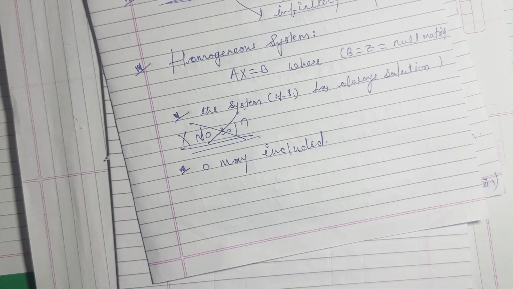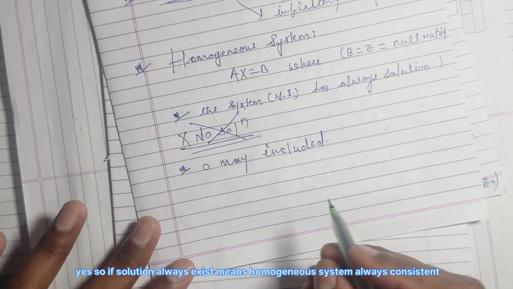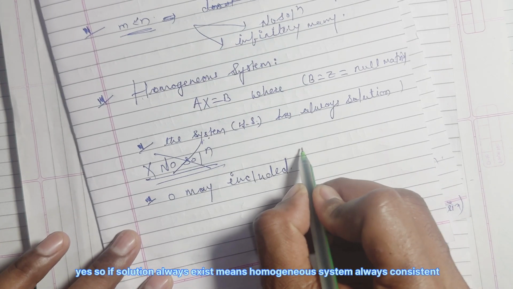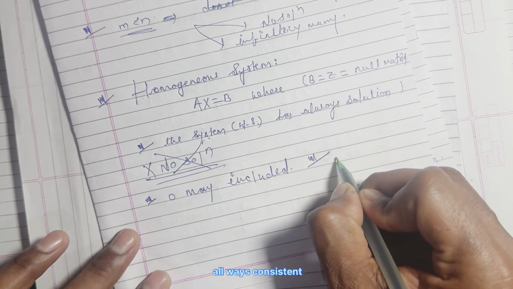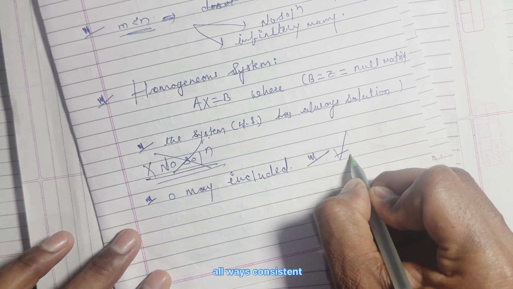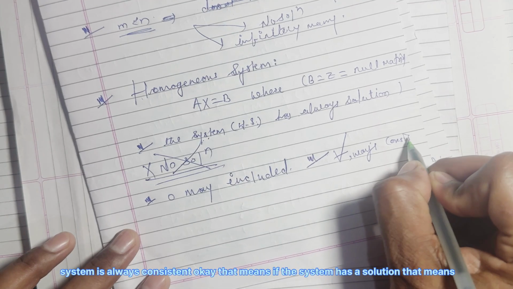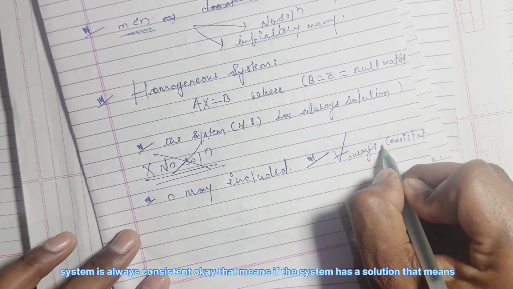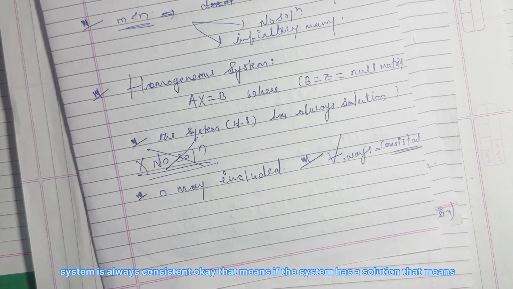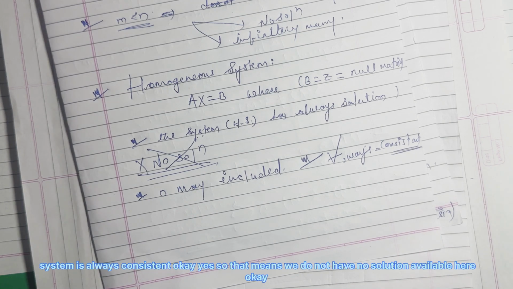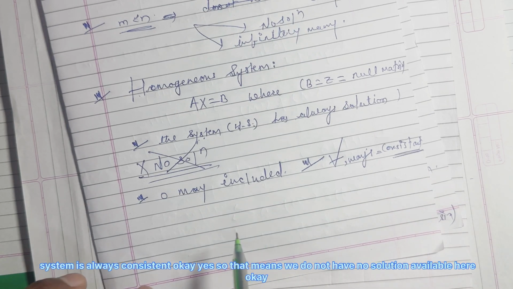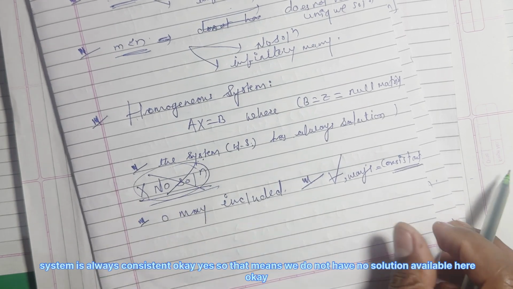So if a solution always exists, the homogeneous system is always consistent. If the system has a solution, that means the system is consistent. So we do not have no solution available here.